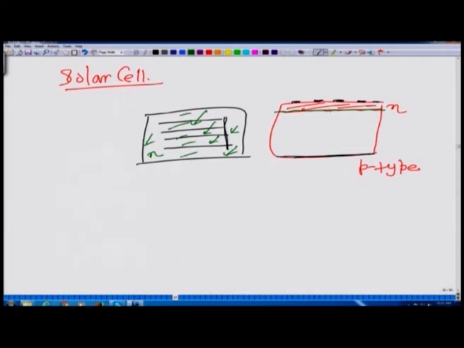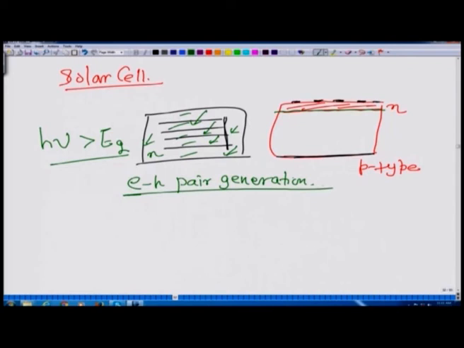As it was in the photodiode, if this light energy h nu is greater than Eg, then you have a chance of EH pair generation, so electron hole pairs are generated.